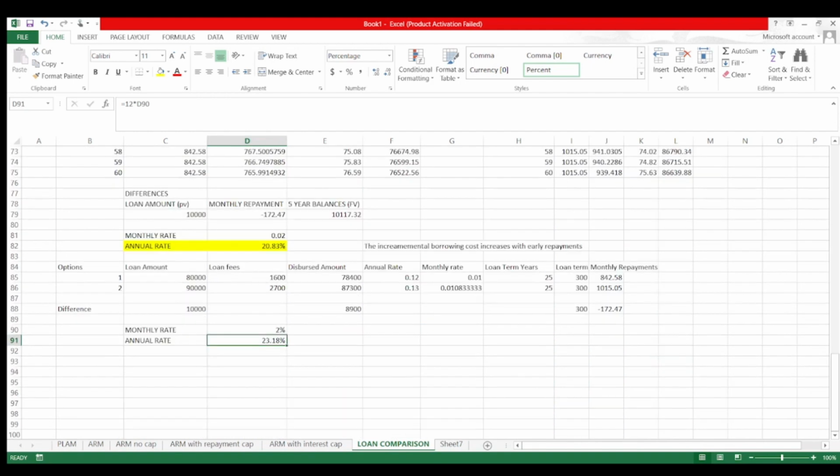So this means that the incremental cost of borrowing 10,000 is 23.18%, which is greater than 20.57% in the event that previously there were no origination fees. So the incremental borrowing costs increases with additional origination fees.